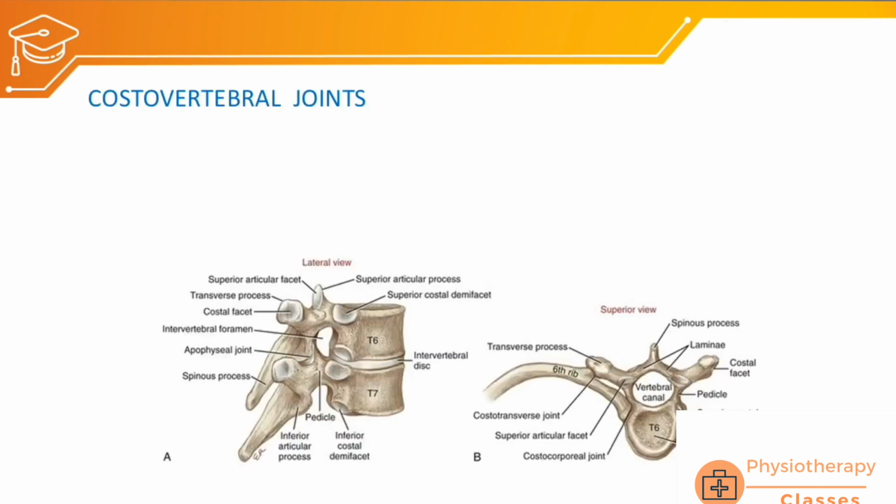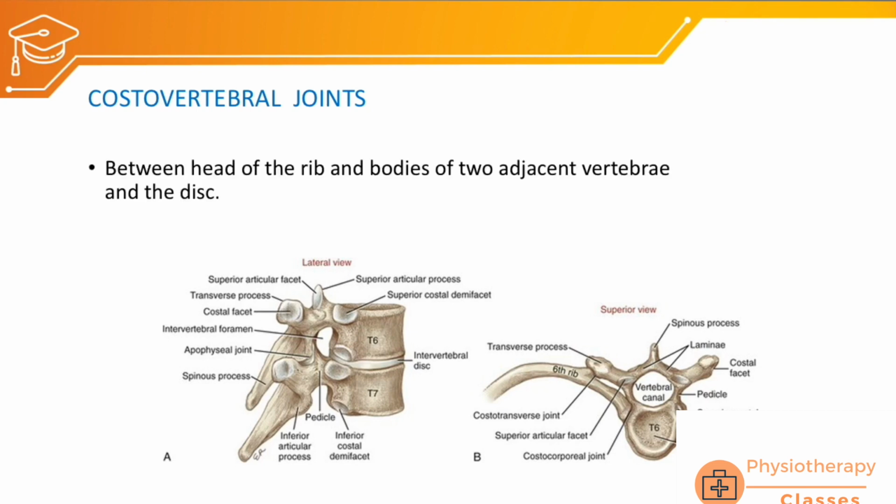The other joint which is present in thoracic vertebrae and is not present in the lumbar and cervical vertebral column is the costovertebral joint. Between the head of the rib and the body of two adjacent vertebrae and the disc, the costovertebral joint is formed.